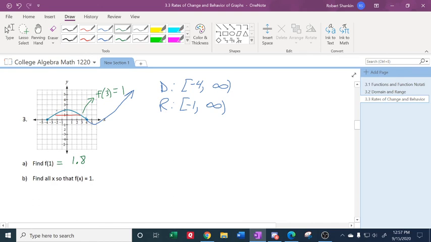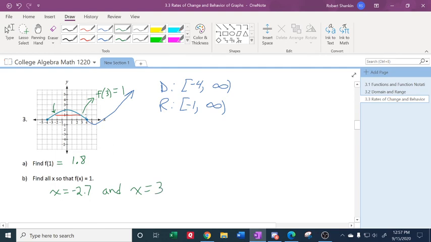There are 2 such. There's one of them right over here. And that's going to be about, what, negative 2.7? That's an input that will give me an output of a height of 1. And there's another one on the right, which looks like about 3.